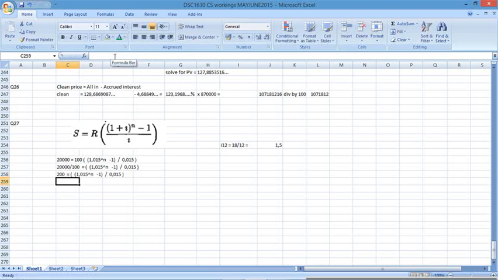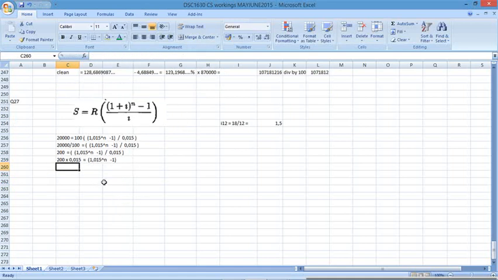Right, then I take the denominator from the right and bring that to the left, so it becomes times 0.015. That gets rid of the denominator. Then I need to take the 1 across, so now this becomes plus 1 on the left. And then I'm left with that.